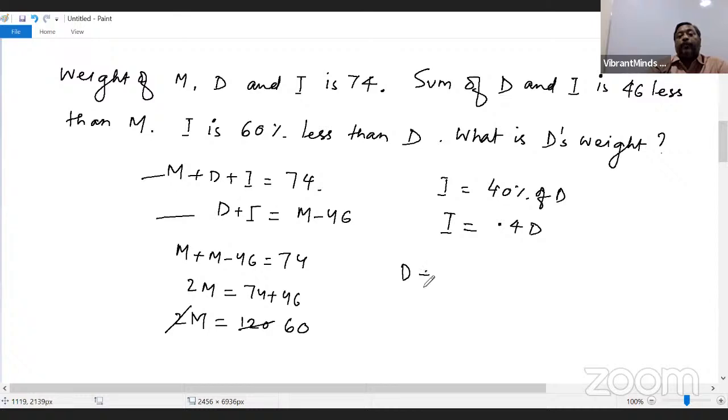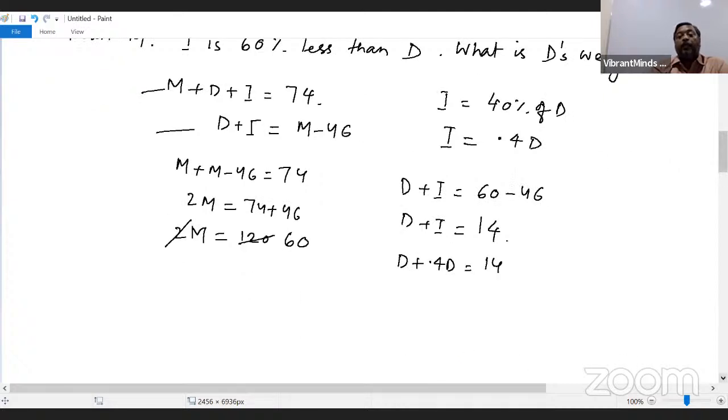Now D plus I is equal to 60 minus 46, or D plus I is equal to how much? 14. I की वैल्यू कितनी है? 0.4 D. So D plus 0.4 D is equal to 14.